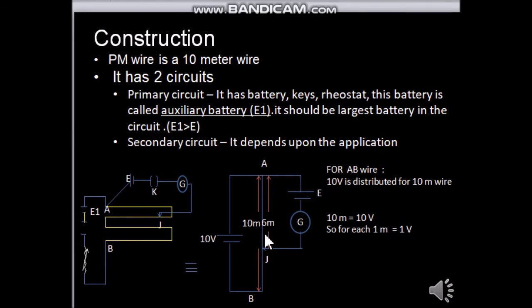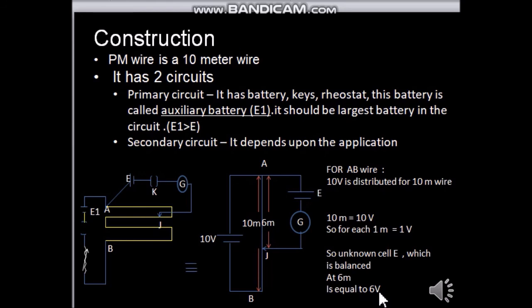So how much is the voltage of AJ? The length of AJ is 6 meter and every meter has 1 volt, so the voltage of AJ is 6 volt. Therefore the unknown cell, which is in parallel with it, is 6 volt. Thus unknown cell E is balanced at 6 meter, so it will also be equal to 6 volt. I think you have understood this question.